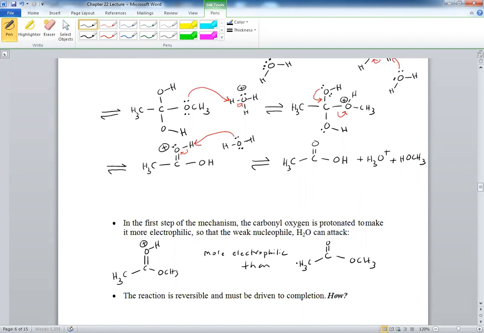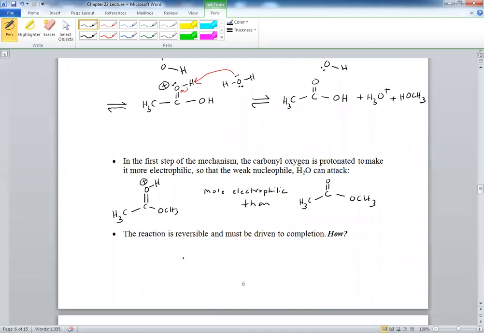We already established that because you can have resonance, electrons moving toward the oxygen to offset that positive charge, making the carbon more positive, which is electrophilic.